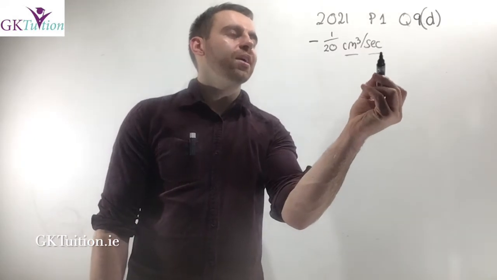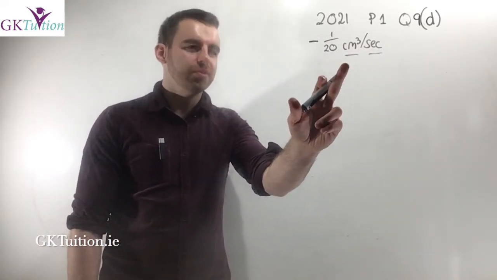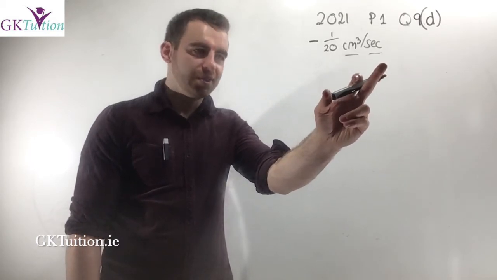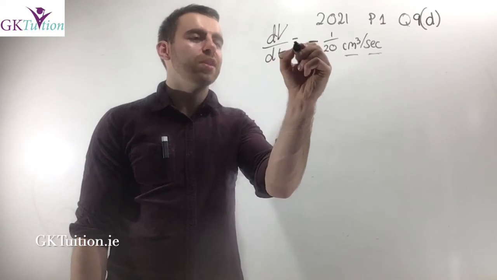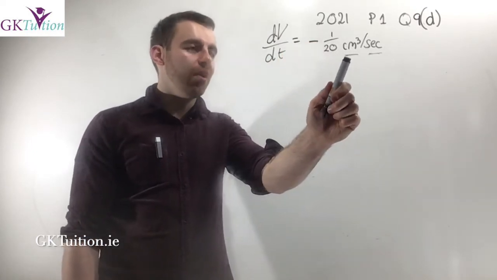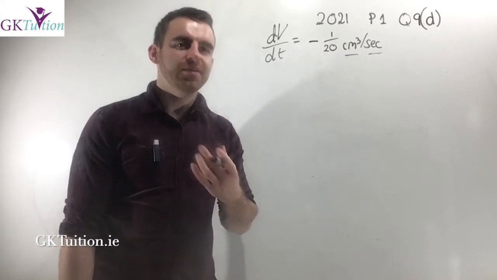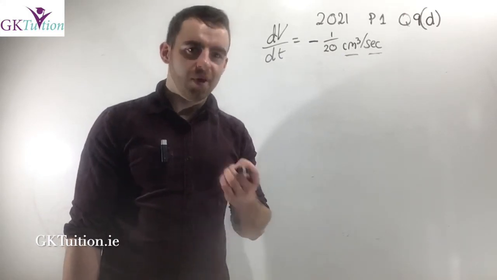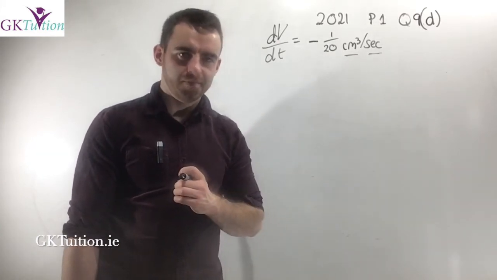One thing I always tell students to focus on is the units. Clearly centimeters cubed refers to volume and seconds refers to time. So if you didn't understand the question and you were just looking at the units, you'd be able to tell it's volume over time, or in other words, dV/dt. dV/dt, the rate at which the volume is changing, is minus 1/20 centimeters cubed per second.